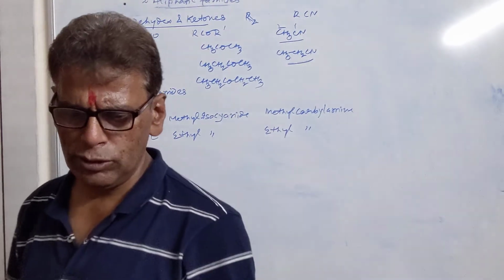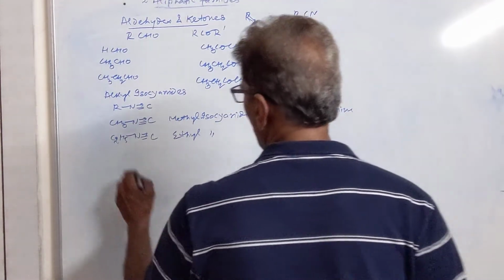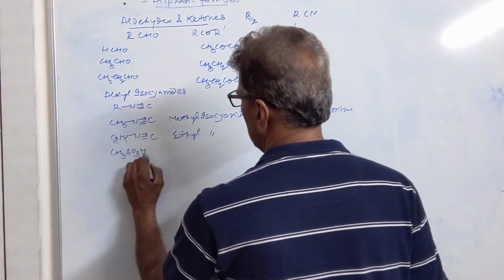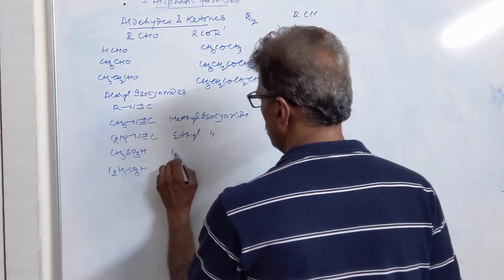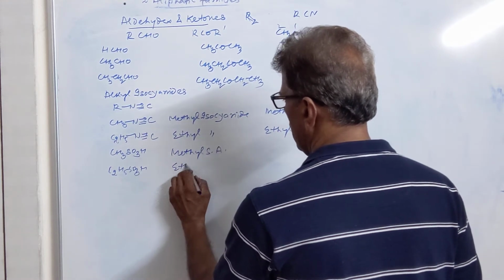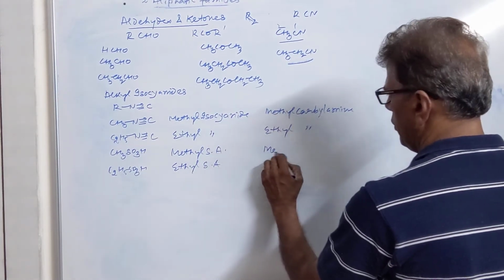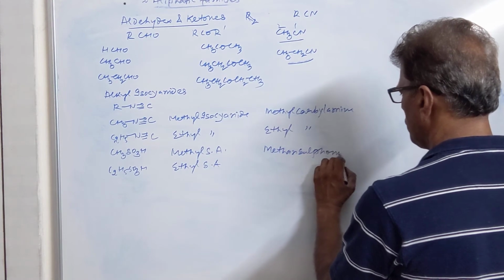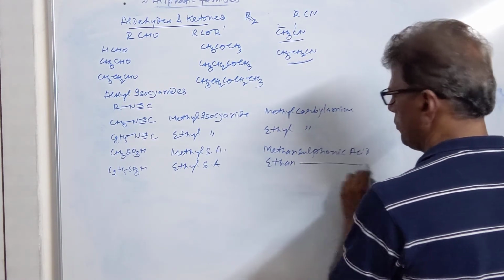So these are isocyanides. Then we have alkane sulfonic acids, CH3SO3H, C2H5SO3H. This is methyl sulfonic acid. This is ethyl sulfonic acid. This is methane sulfonic acid. Then we have ethane sulfonic acid.